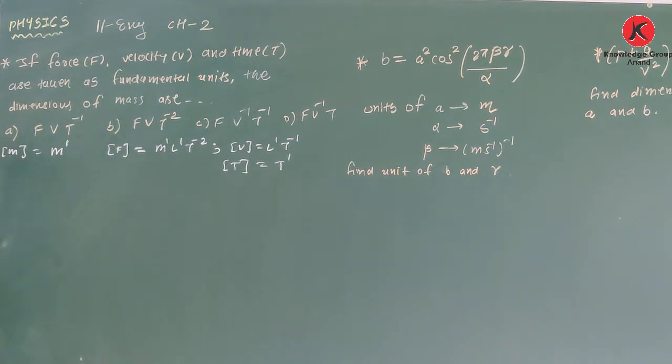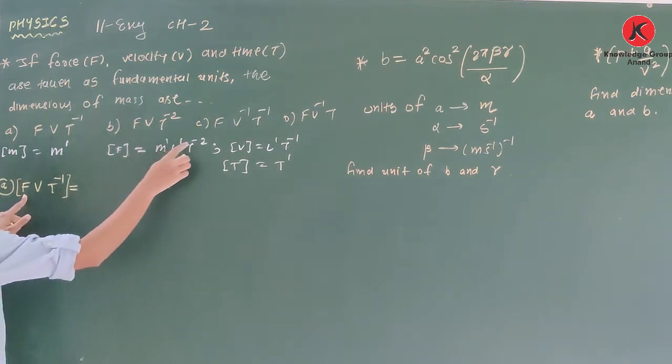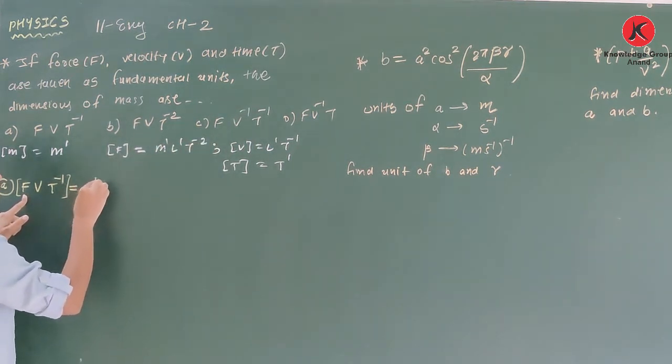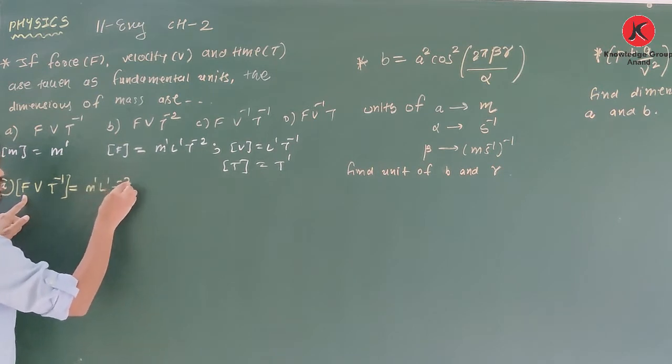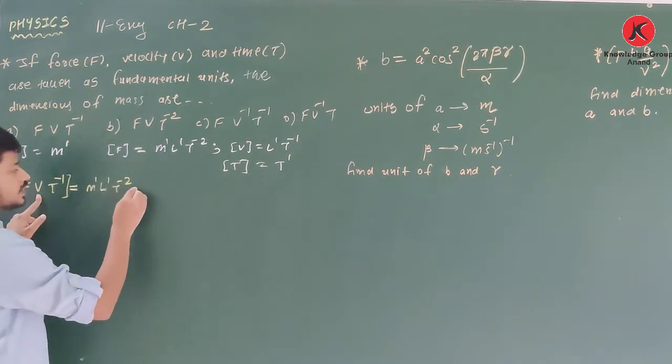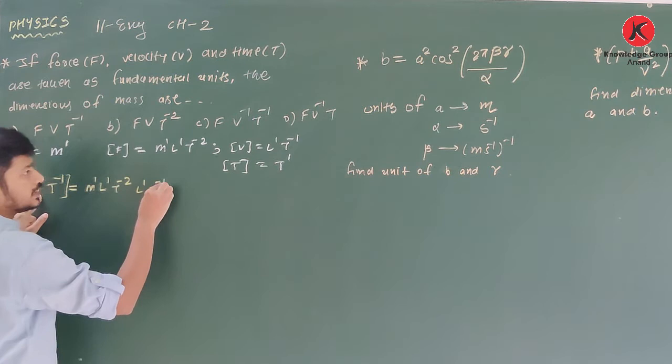How to check? First of all, we will check option A. What is option A? F, V, T minus 1. What is the dimensional formula of force? It is M1 L1 T minus 2. Dimensional formula of V is L1 T minus 1.